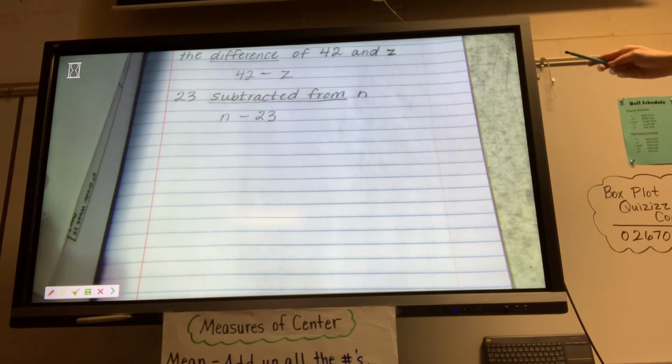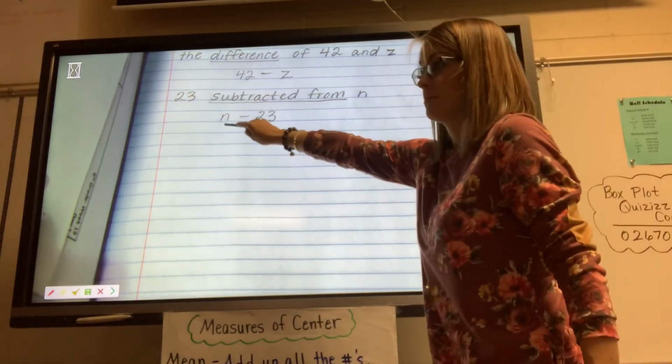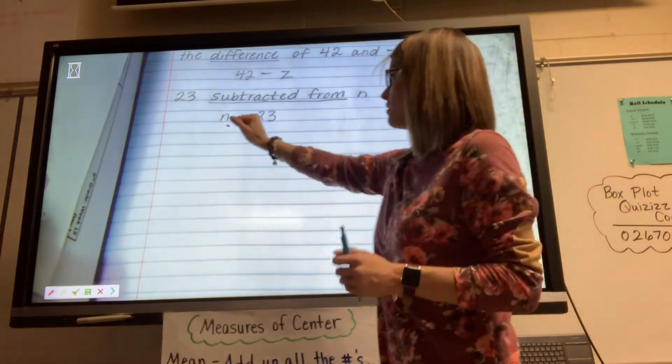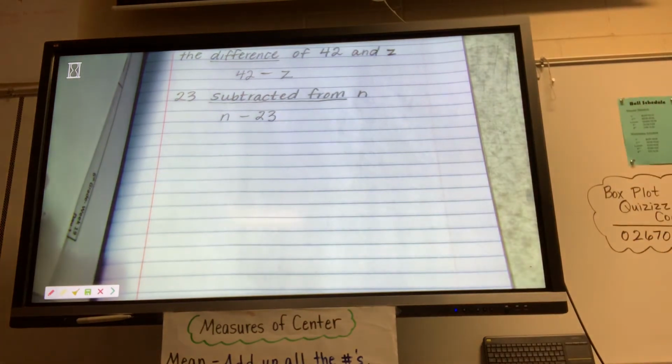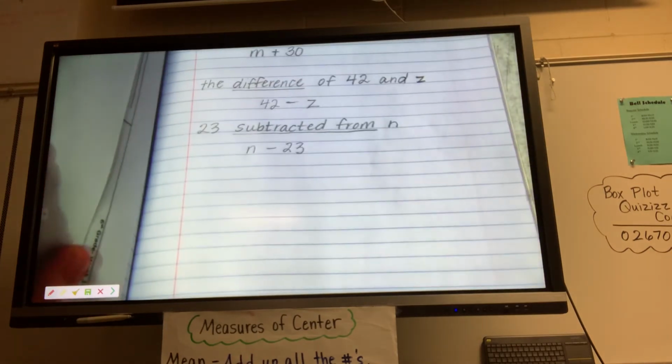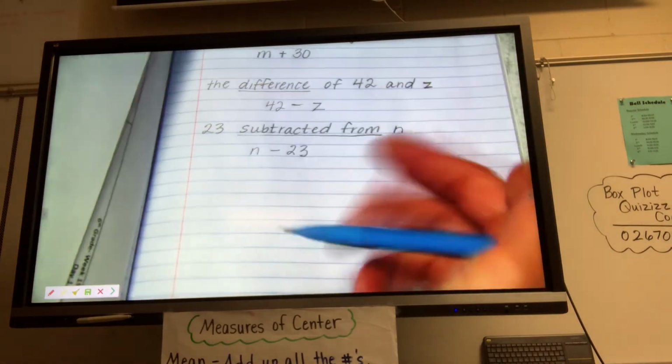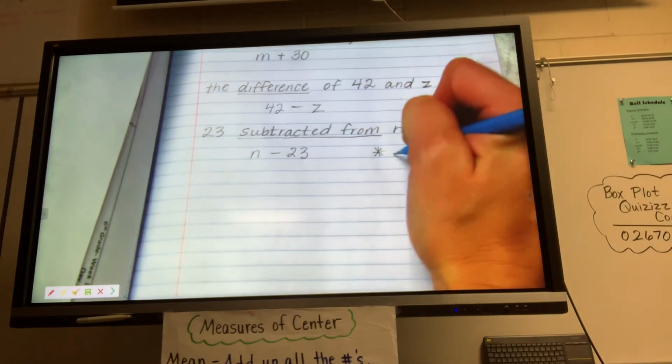You. Me. So I'm the variable right here. I have to start with it before it can be taken away from me, right? So it has to come first. 23 is taken away from n. So that means n has to come first before you can take it away. That's why we have to switch these orders here. Okay, let's look at the next one. Or let's actually put a star here to remind us that we switched the order.